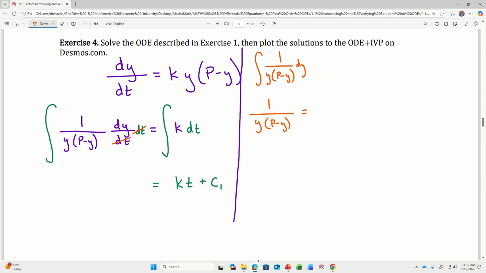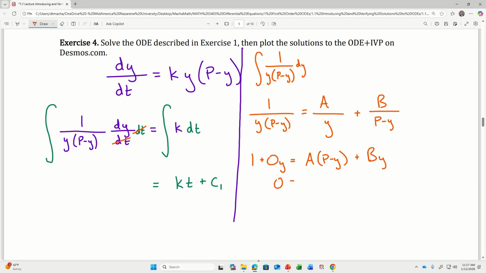And the way partial fraction decomposition works is we say, my solution is going to look something like a constant divided by y plus a constant divided by p minus y. And you multiply both sides by y, and you multiply both sides by p minus y, and we get 1 plus 0y is equal to a times p minus y plus b times y.